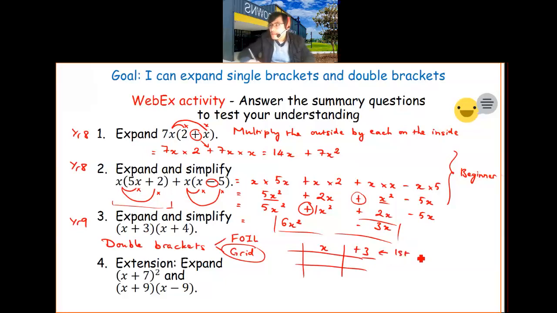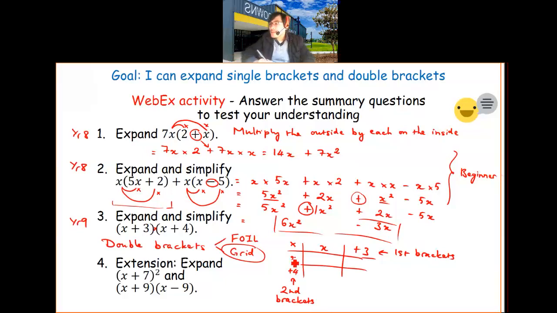First brackets, multiplied by. Remember that between these brackets there's a multiplication sign, so multiply by. And the second bracket, we have x plus 4. The second bracket goes here.